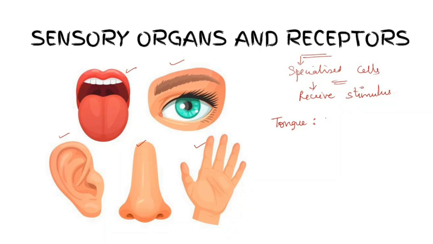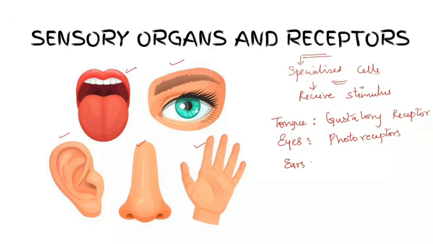Now, what are the receptors present in your tongue? Your tongue has receptors called gustatory receptors. Your eyes, what is the function of the eye? To receive the visual image, right? So they are called photoreceptors. Then ears. In ears, we have the phonoreceptors.